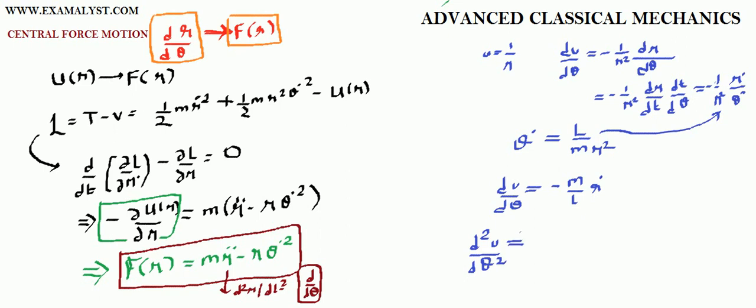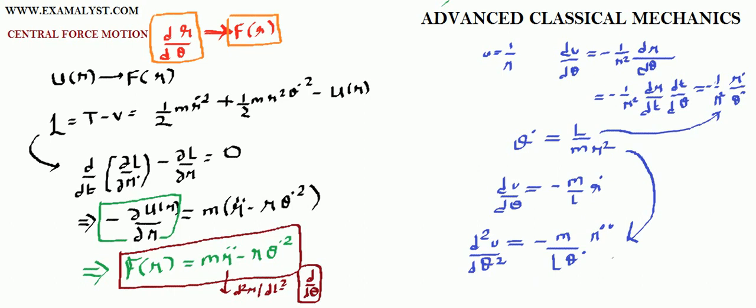So you will get minus m divided by L, a theta dot and a r double dot. This is quite easy to do, you can do it yourself. Now again, remember what theta dot is. You can put the value, and finally what will you get?